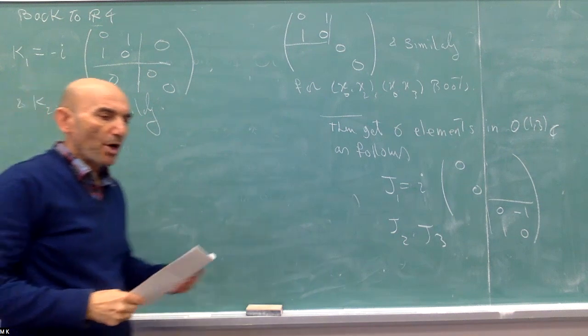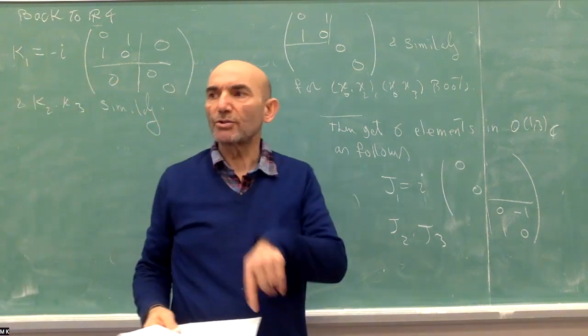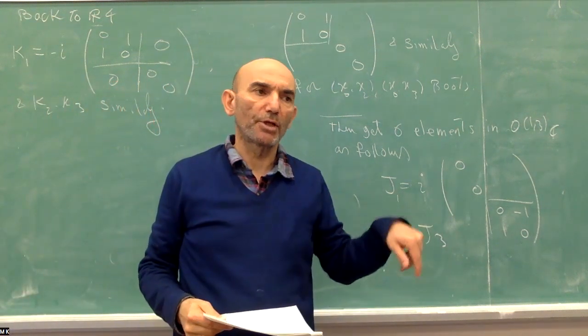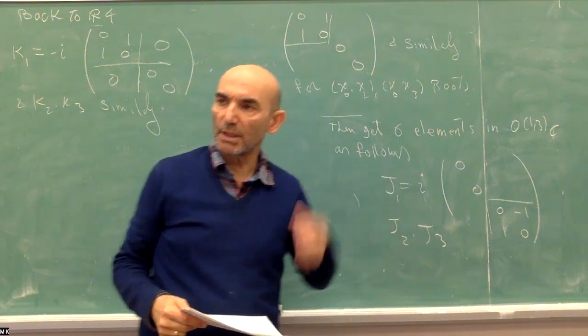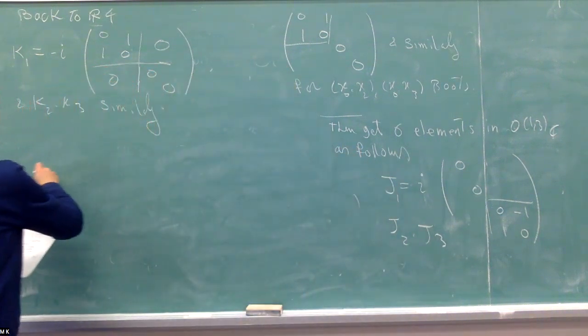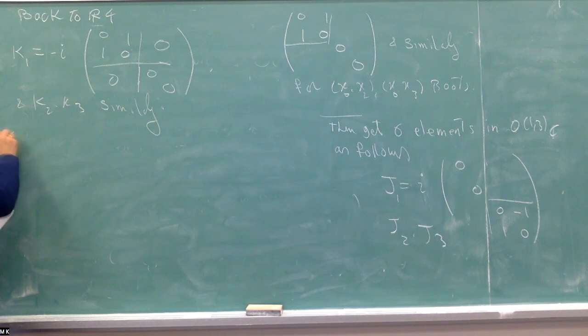Okay, so now we have got 6 elements, J1, J2, J3, and K1, K2, K3 inside the complexified Lie algebra.